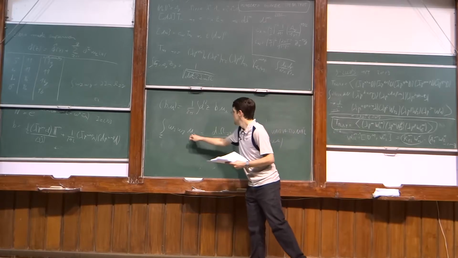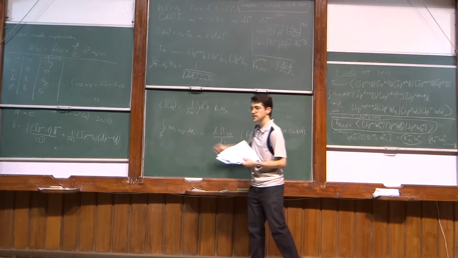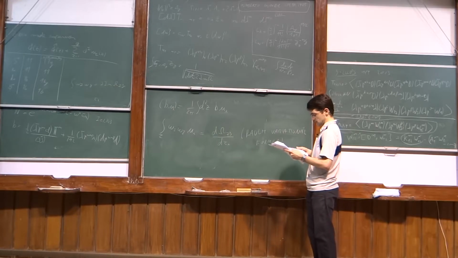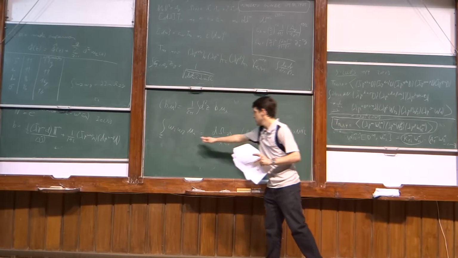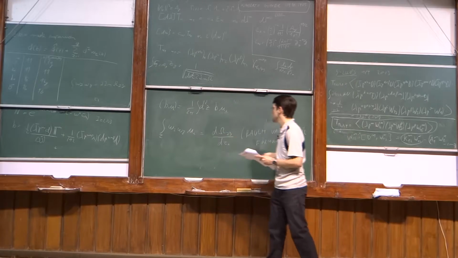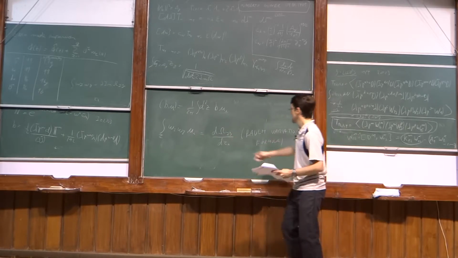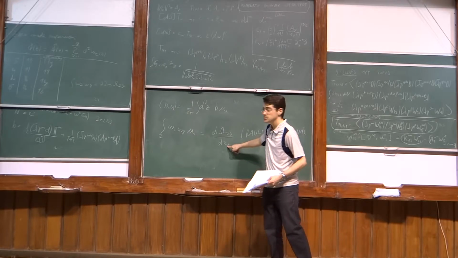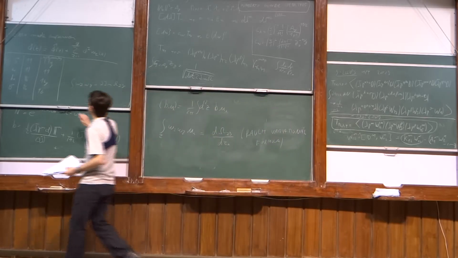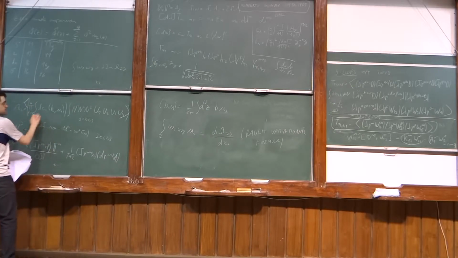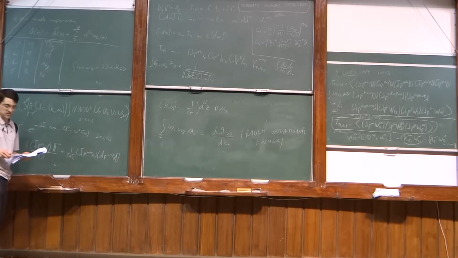And then you don't really need to worry about the Beltrami. I'm going to show how to use these in a moment. And these are the Teichmüller parameters that appear in the prescription.